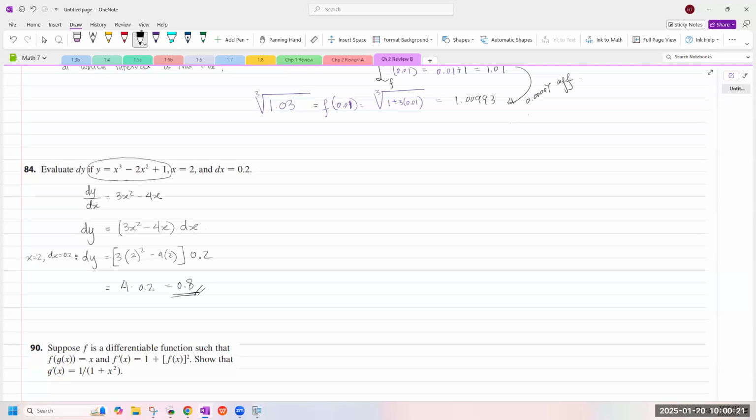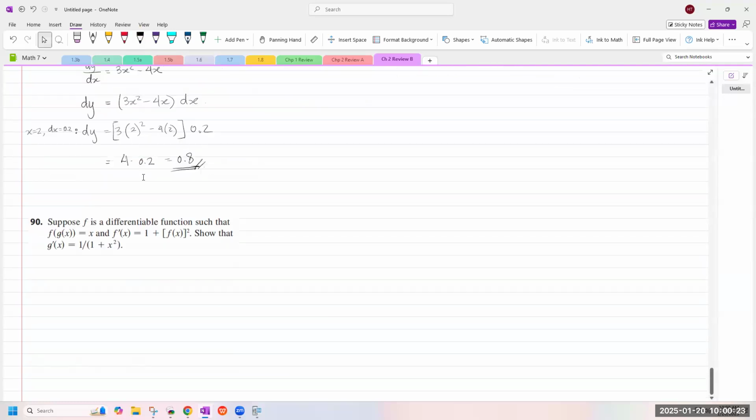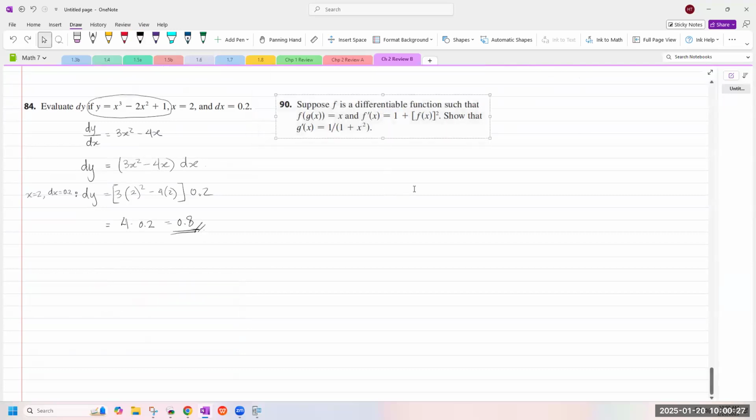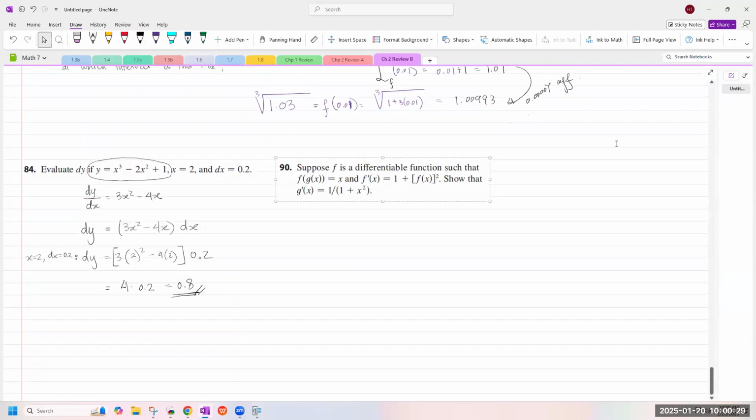Okay, the last question, let me move this here to save some space. Suppose f is a differentiable function and f(g(x)) equals x. Show that g prime equals that.